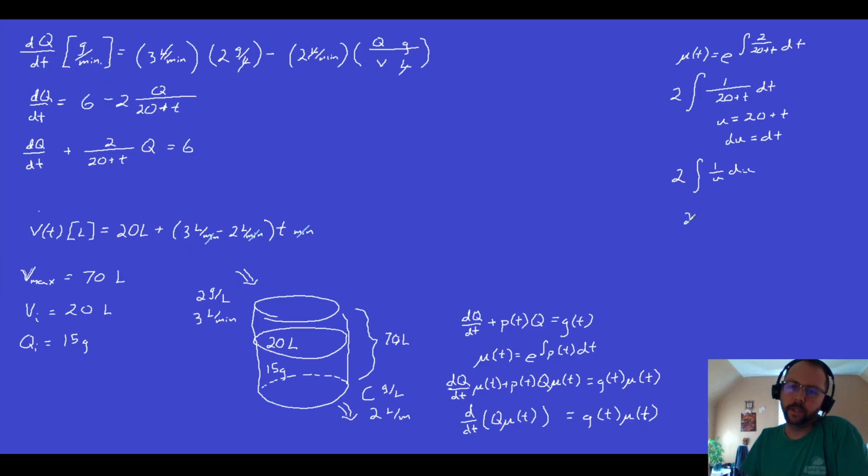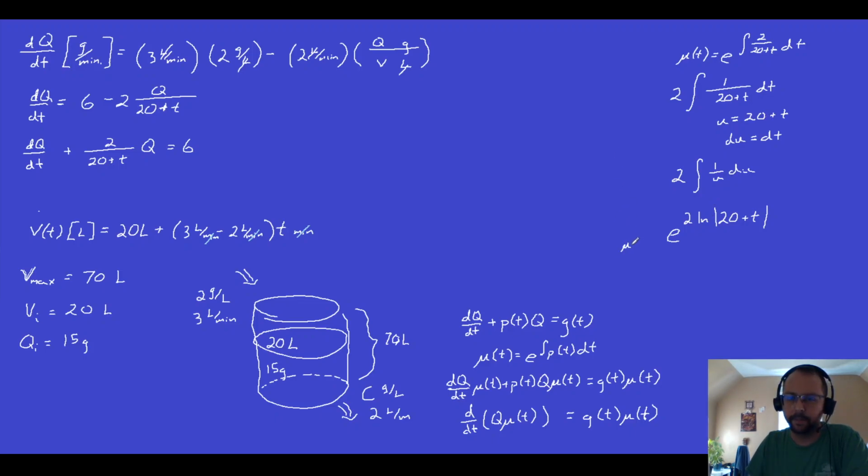So 2 times the natural log of the absolute value of u, but for u I'm going to fill this in: 20 plus t, and there would be a plus c on the end, but we're not going to worry about that right now because in differential equations you typically only put that at the very end step. And this will be e raised to that power. So this is our mu of t.